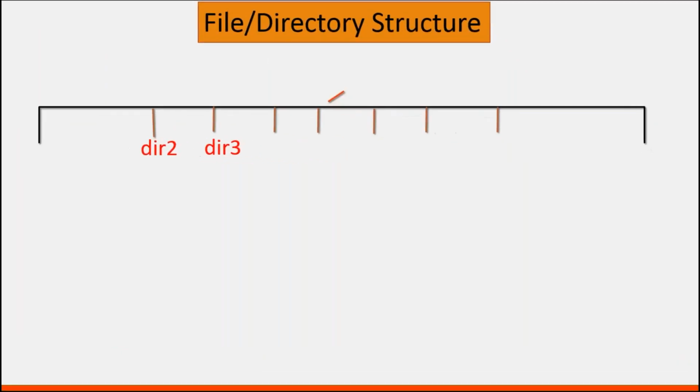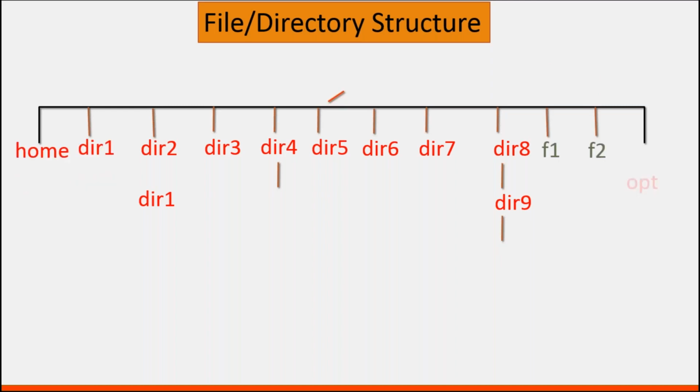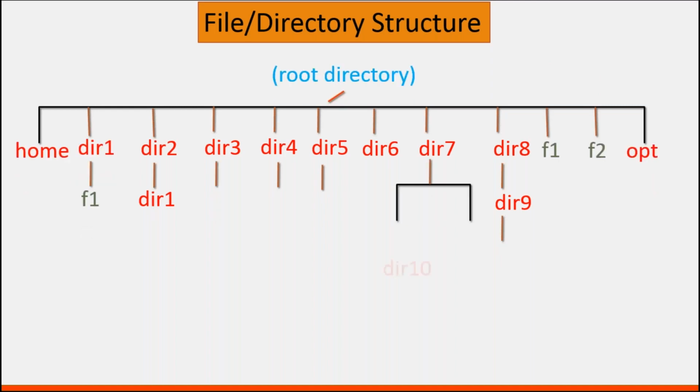The name of the directory could be anything, right? So here I'm just taking example naming standards as dir2 and dir3. Like that we may be having some number of directories under the slash, and again in each directory you may be having a few other directories, correct? So this is how the Linux directory hierarchy is there.